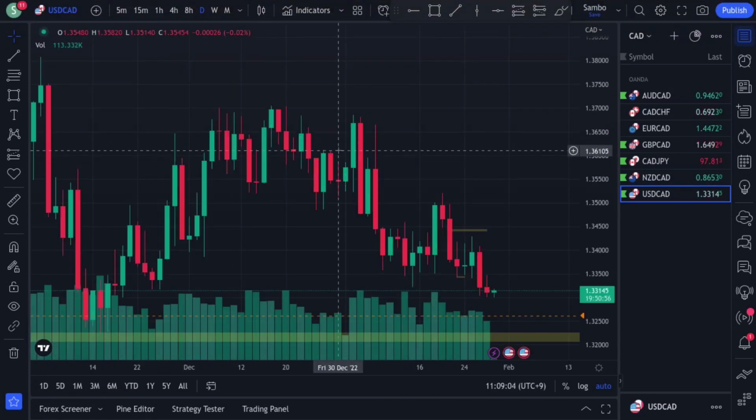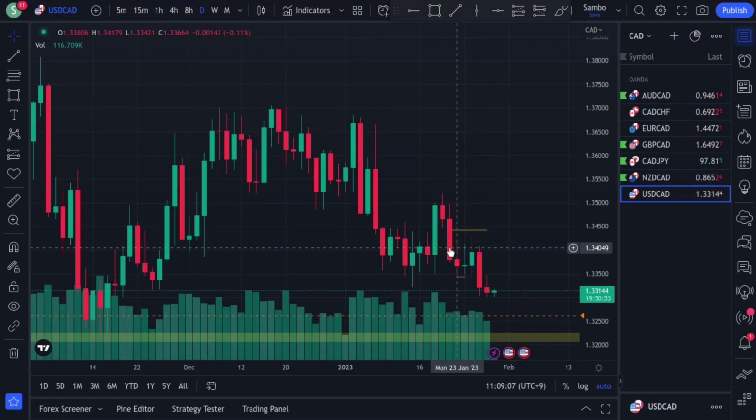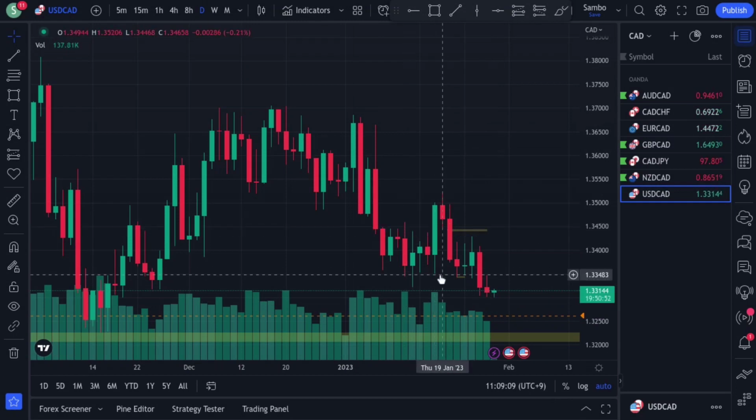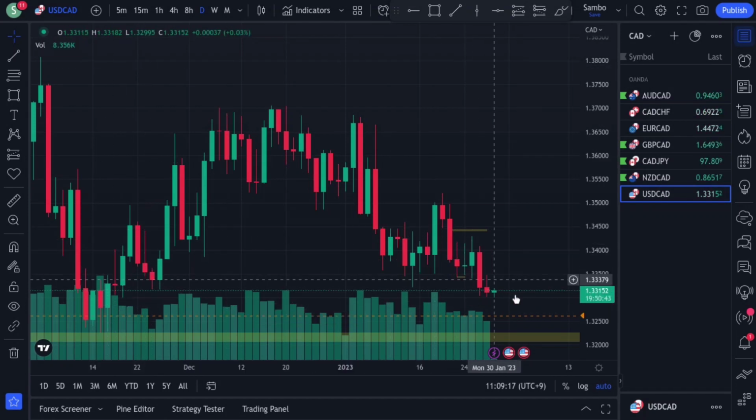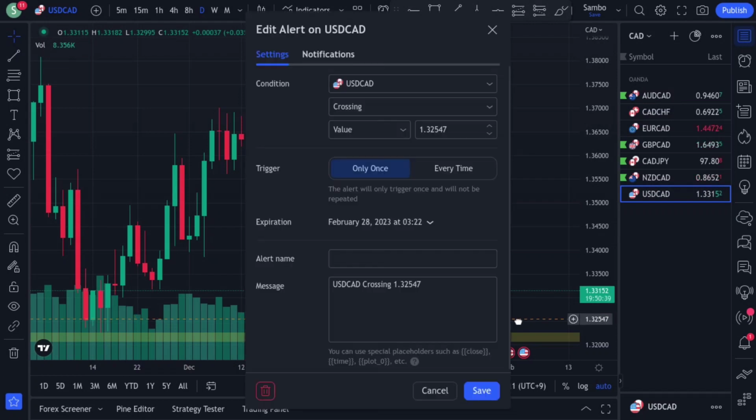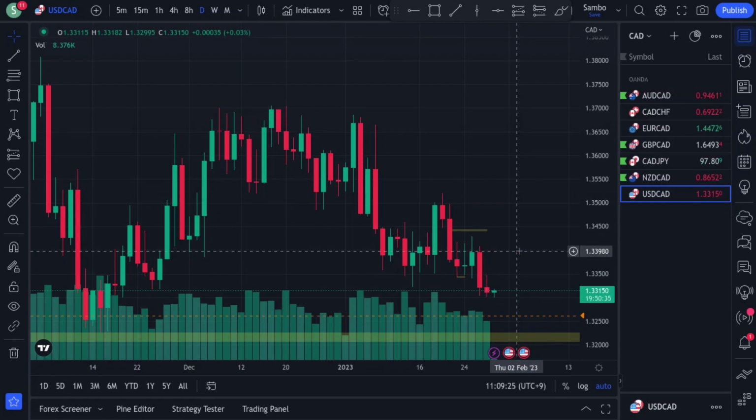USD CAD, I'm going to take this out just because we're nearing this key level here. Yes, we're trending down, but we're nearing this area where potentially these buyers can come in and push price further up. In fact, you could argue that we have a potential reversal setup if you want to put in a trade.